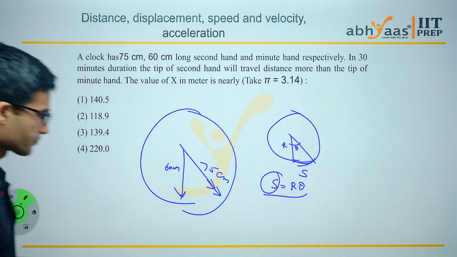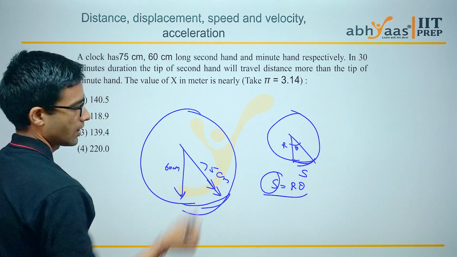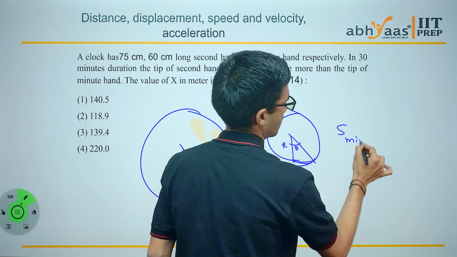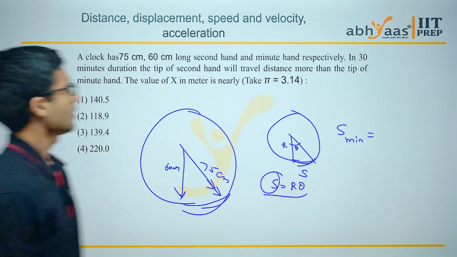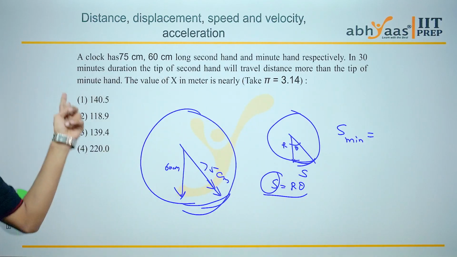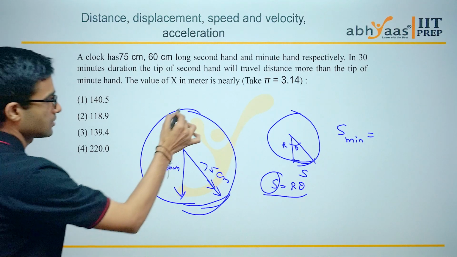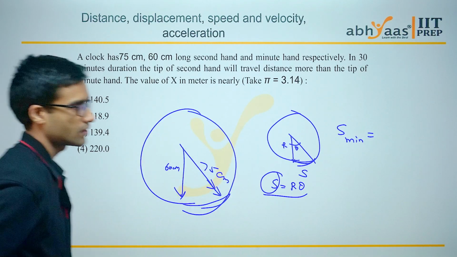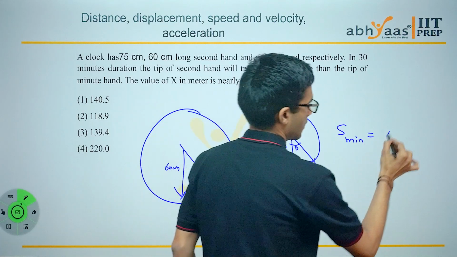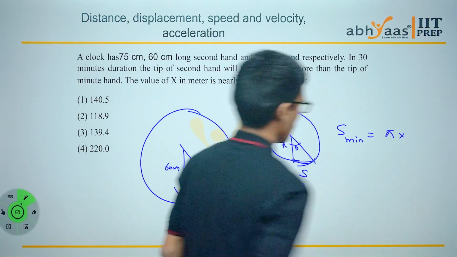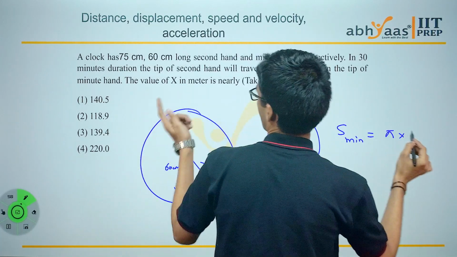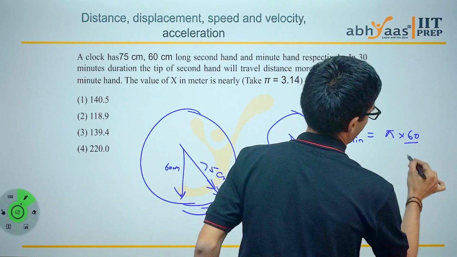First we will write S for the minutes hand. In a 30 minutes duration, it will travel half of the circle. Half of the circle means the angle is pi, into the radius. S equals R theta, right? R is how much for the minutes hand? 60 by 100.